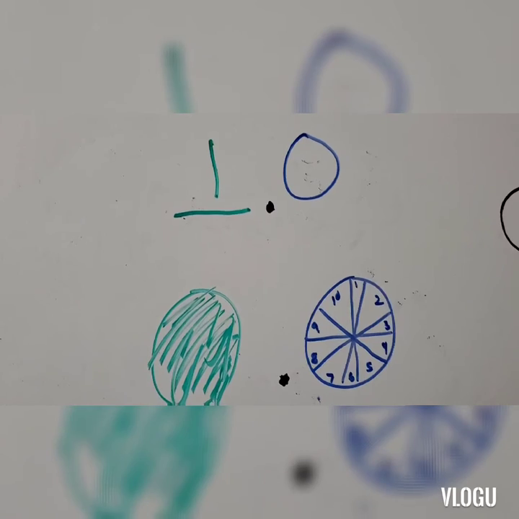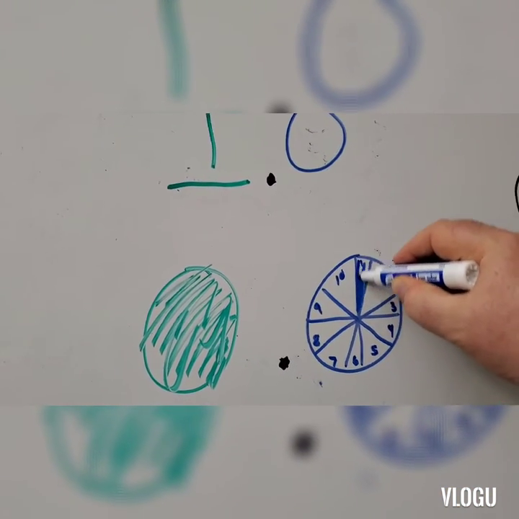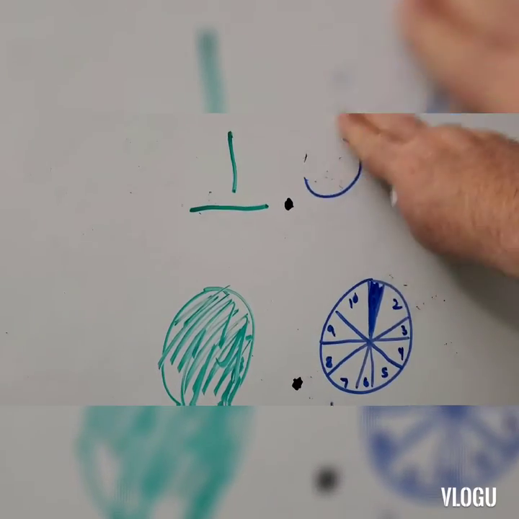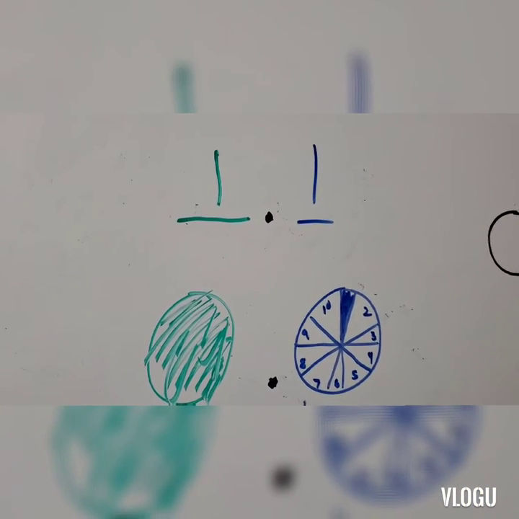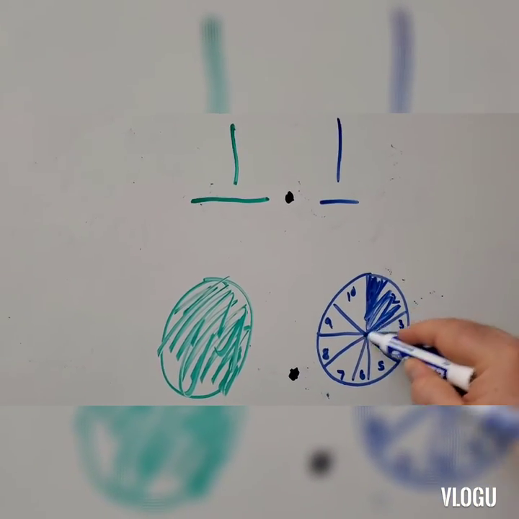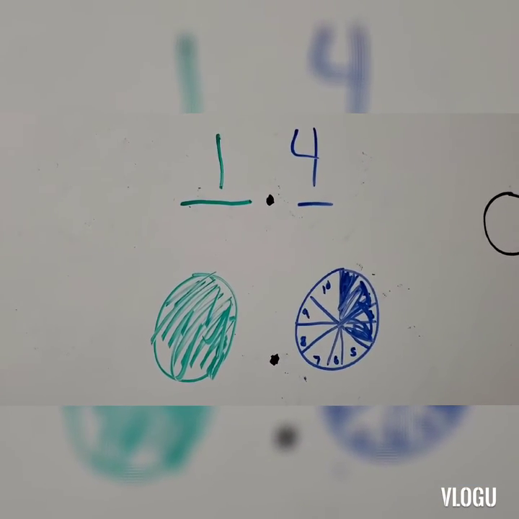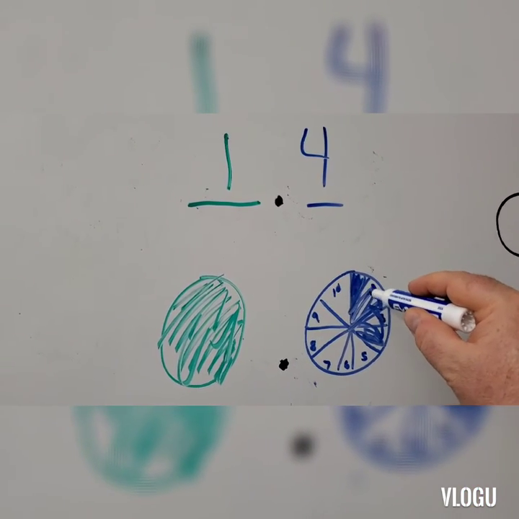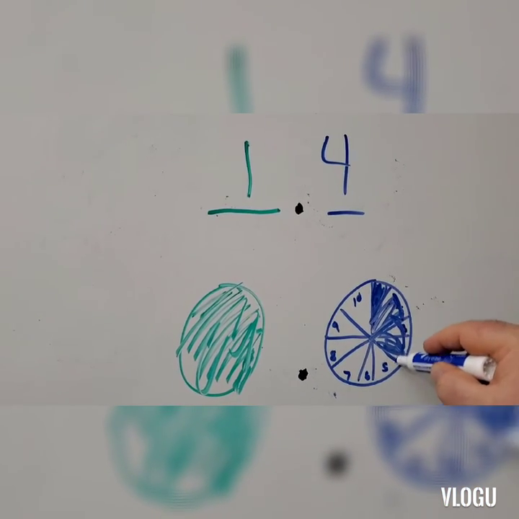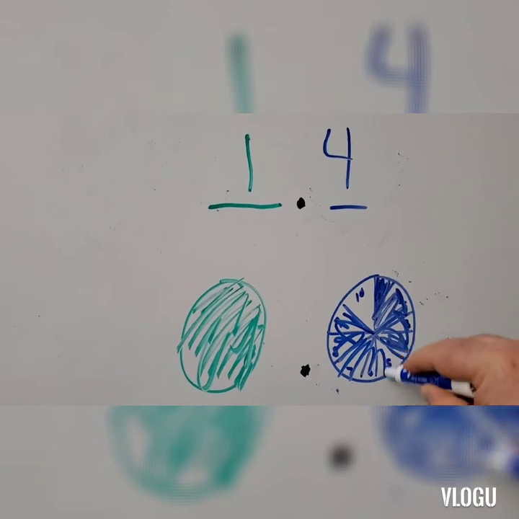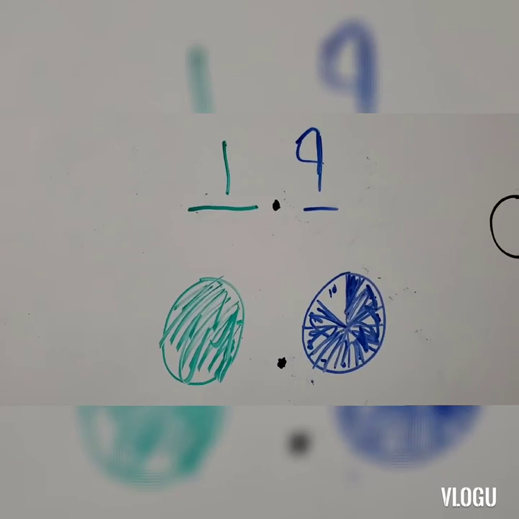We could continue. If I had my 1 whole and then another 1 out of 10 pieces, it'd be 1 1/10. 1 4/10. Every time I fill this up, it adds another whole. So 1 9/10.